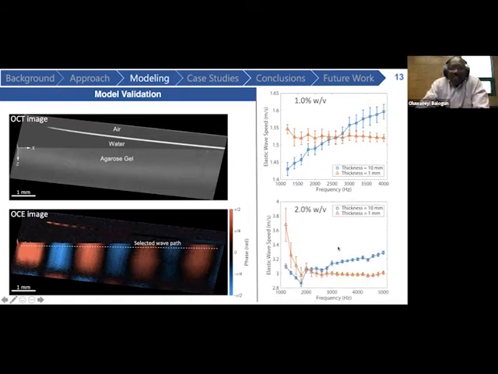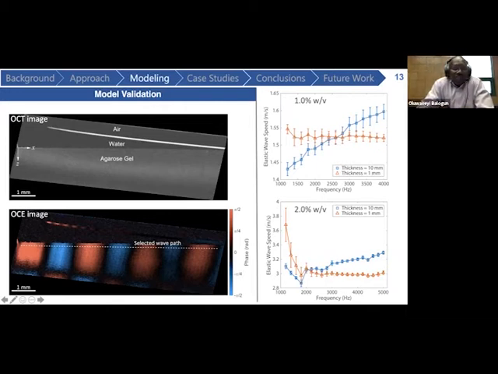And if we increase the weight percentage of the agarose gel, we see an increase in the wave speed. When you increase the weight percentage, you increase the amount of cross-linking in the polymers, and ultimately you stiffen it up and the wave speed increases. So that we see in this measurement.